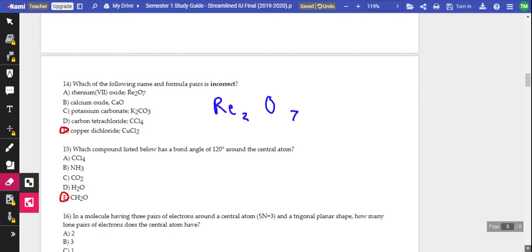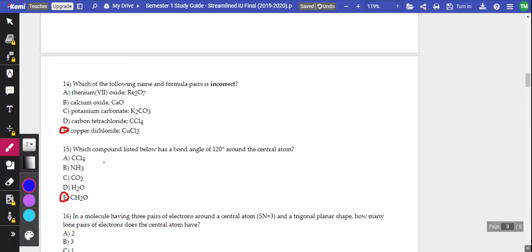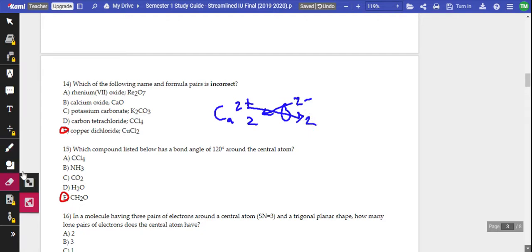The only thing that doesn't work about the ion crossover method is if you have, well, actually, let's look at the next example, and I'll show it. Calcium oxide, Ca2+ and O2-. If I do the crossover method here, I put the 2 over here, and the 2 over there, so I get Ca with the 2, O with the 2.